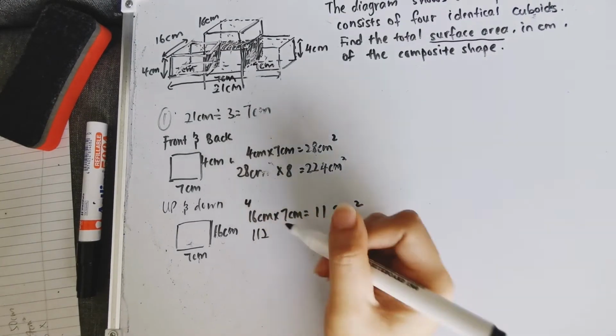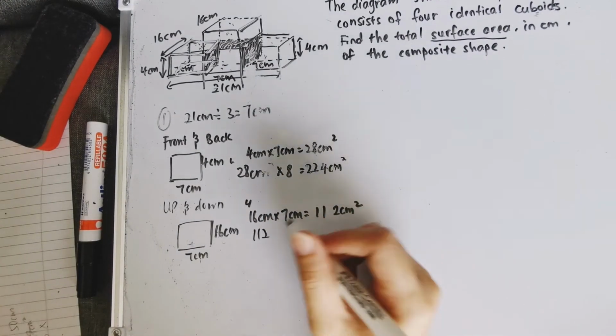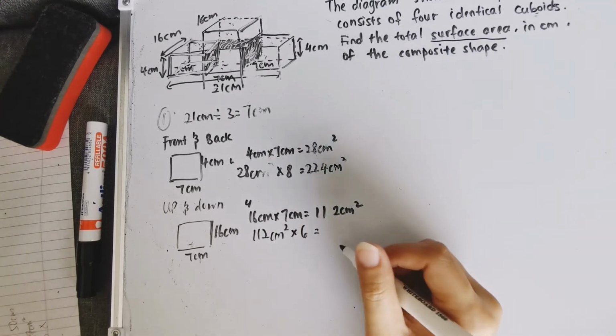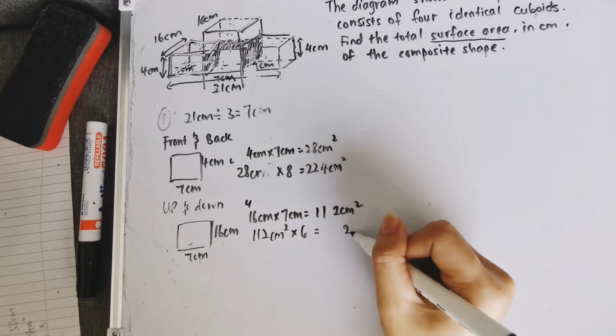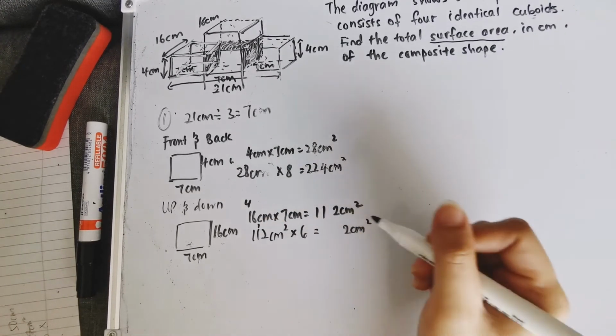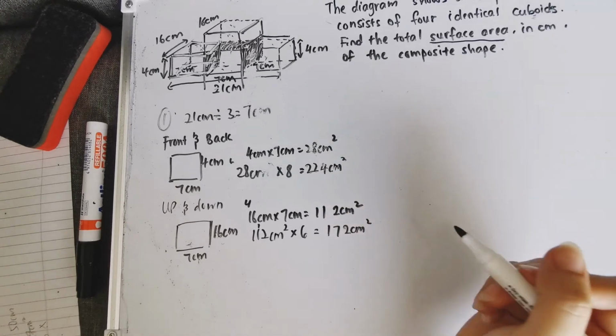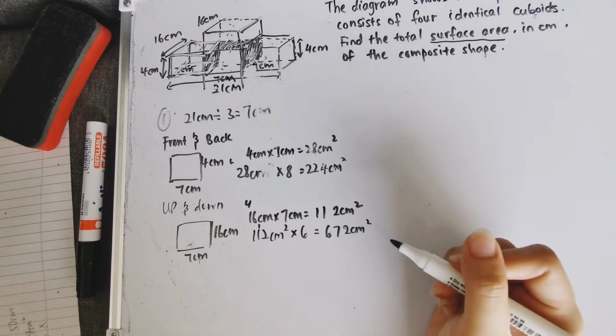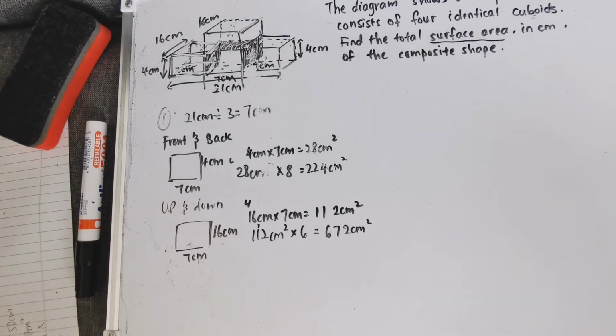So 112 cm squared, we times 6. So 2 times 6 is 12. 1 times 6 is 6. 6 plus 1 is 7. So it's 172 cm. Oh sorry, 672 cm squared.